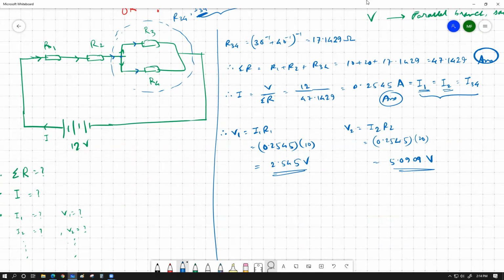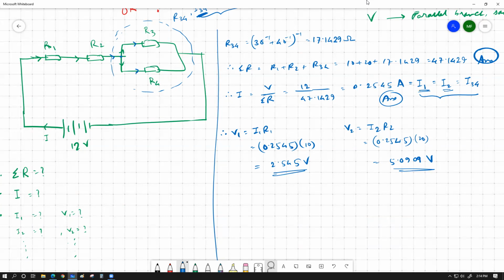Then we have to be able to calculate the current and the voltage information for R3 and R4. Now, one thing that I can always write from the property of what we have learned earlier, that within a series combination, all the components connected in series together will always consume the equal amount of voltage that is supplied for them. Which means here we are seeing there are three series components connected.